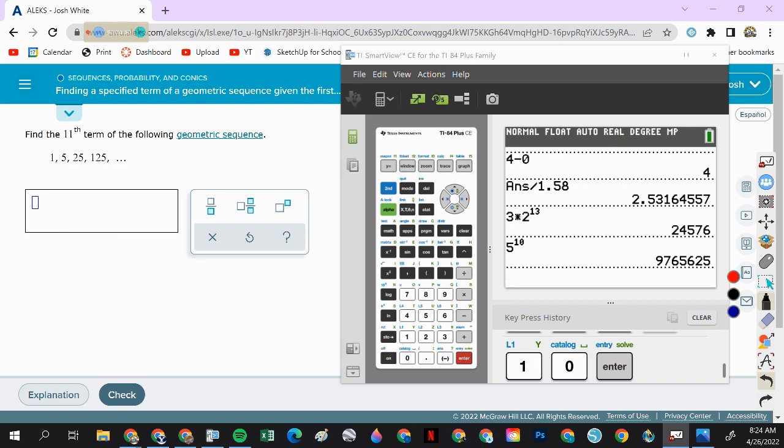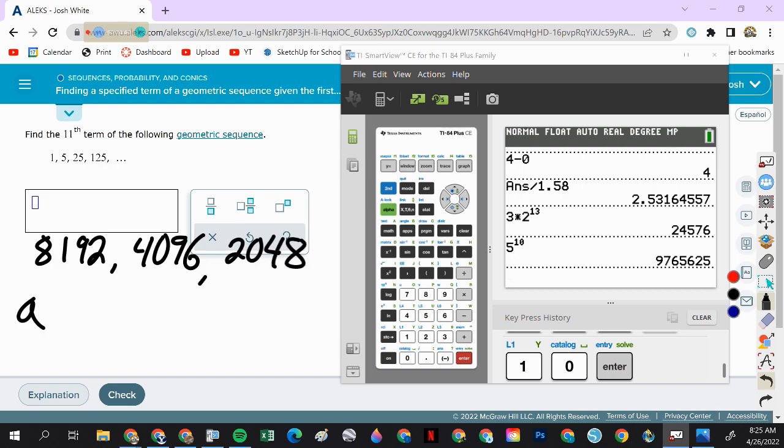Okay, let's do this. 8192, and then 4096, and then 2048. Okay, and I want a sub, let's say, 9. What's the pattern?